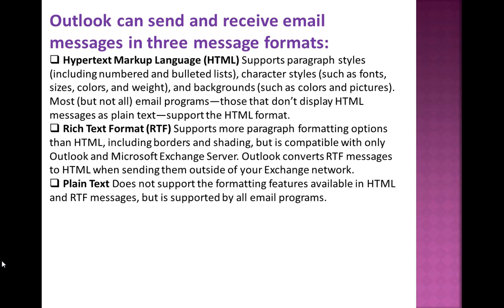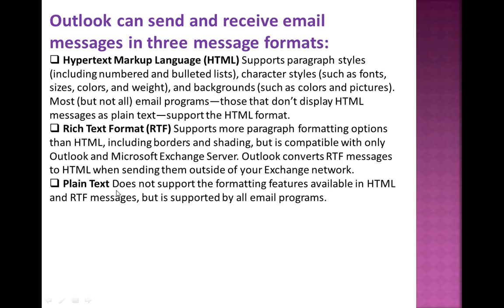Next one is RTF, that is rich text format. That supports more paragraph formatting options than HTML, including borders and shadings, but is compatible with only Outlook and Microsoft Exchange Server. HTML is compatible with every language and every application, but RTF, that is rich text format, is only compatible with Microsoft Outlook and Microsoft Exchange Server.